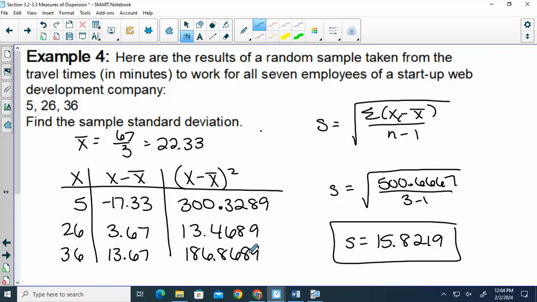So go back to your stat, calculate 2 variable statistics.